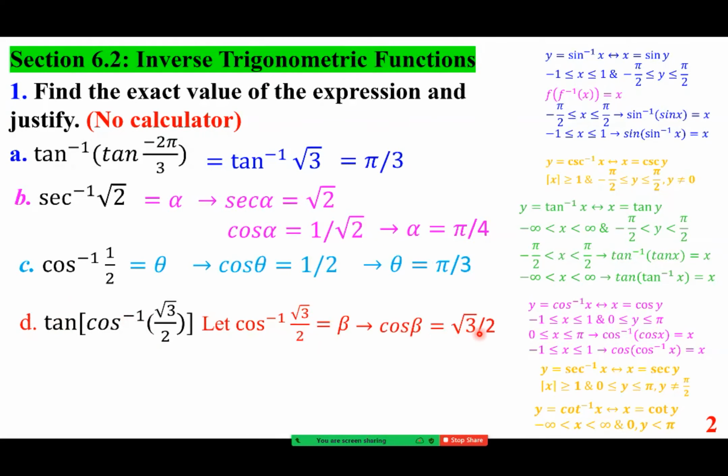When cosine is square root of 3 over 2, the angle must be pi over 6. We want tan of pi over 6, and we know it to be square root of 3 over 3. So that is the process in order not to make a mistake.